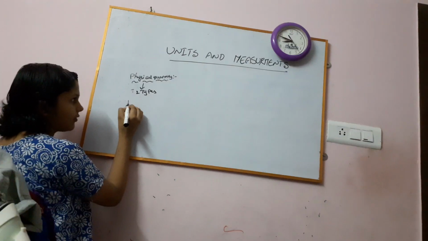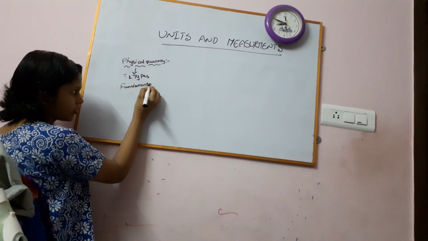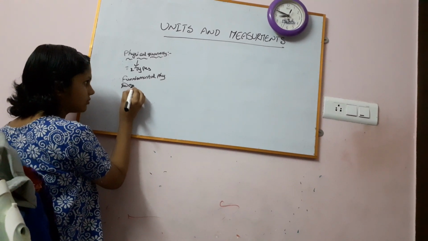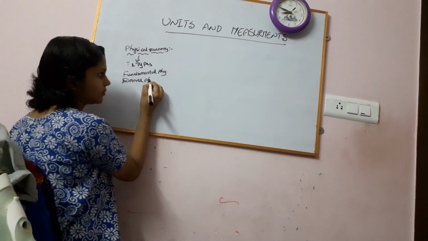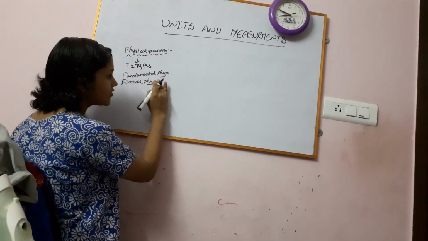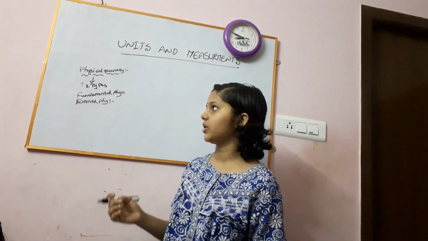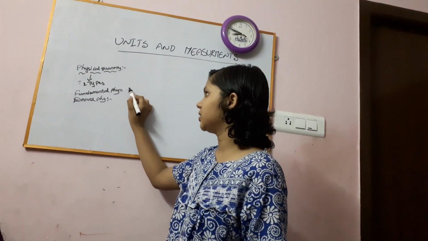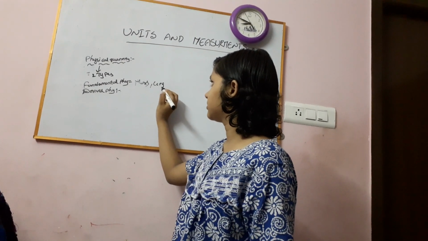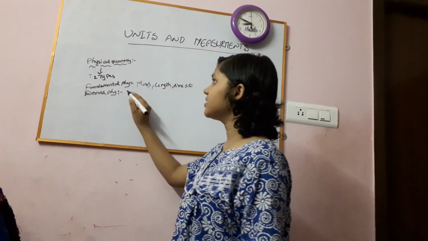There are fundamental physical quantity and derived physical quantity. What is a fundamental physical quantity? A fundamental physical quantity is that which does not depend upon any physical quantity, like mass, length, time, etc. What is a derived quantity?